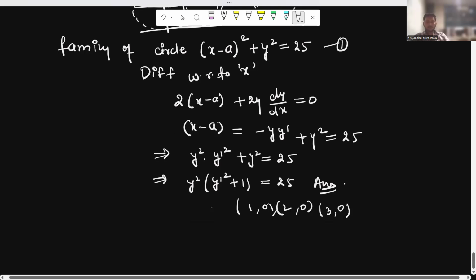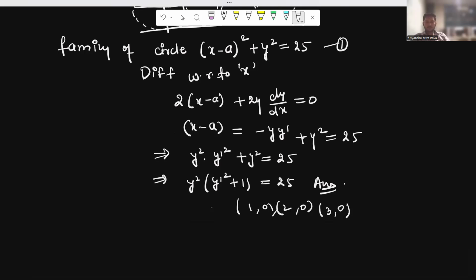I have one more problem, but maybe time is over now. So in the next class, I will teach you some types of solution, that is general solution, particular solution, and envelope, and then move on to first order and first degree differential equations. So today's class is only this.